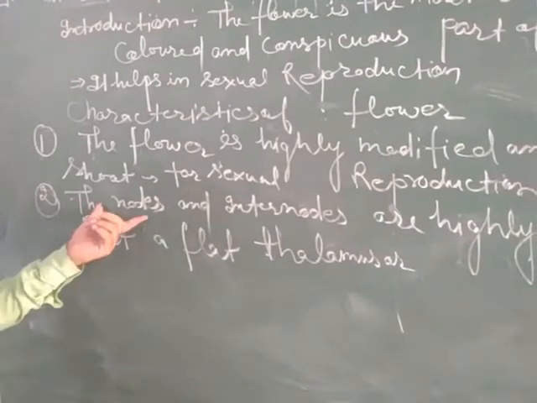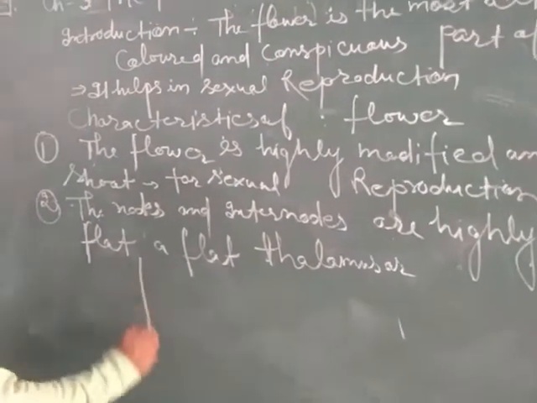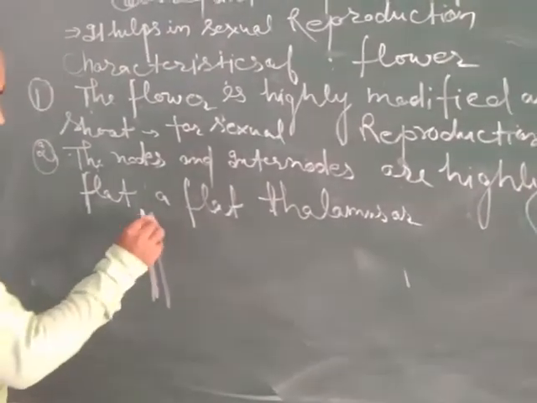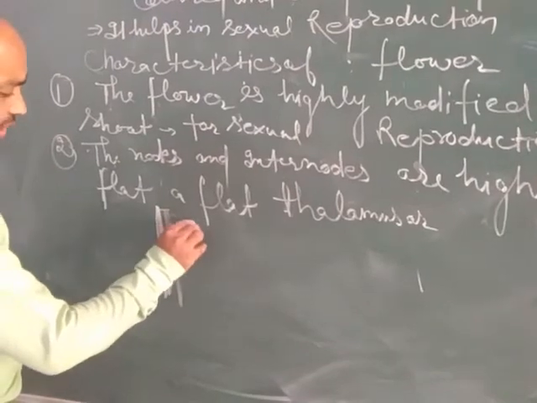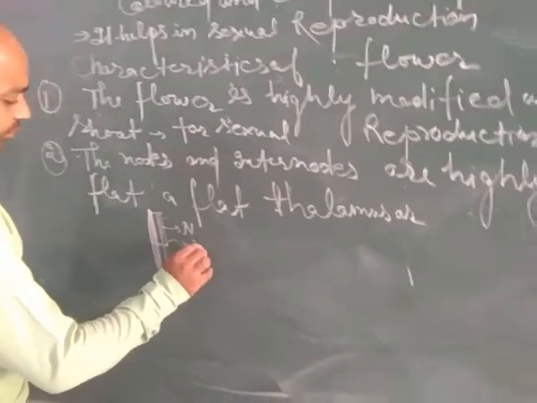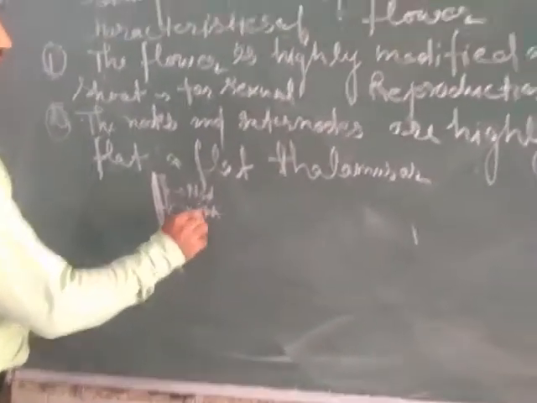Now the second point is that nodes and internodes are highly condensed. As we know, in the stem of a flower this portion is a node, this is a node and this is an internode. These are nodes and this is the internode of the flower.